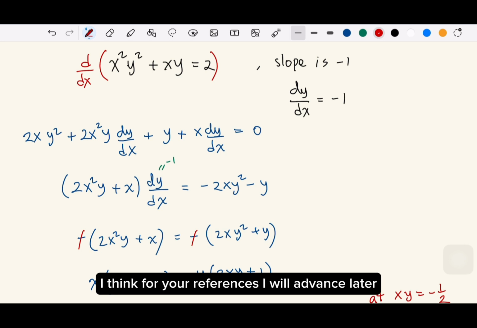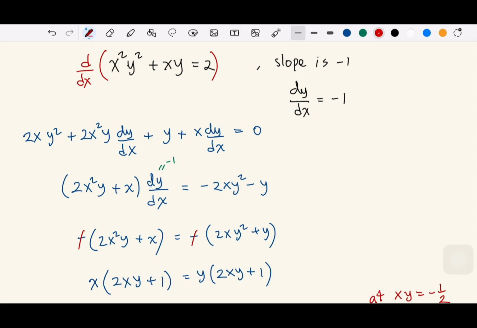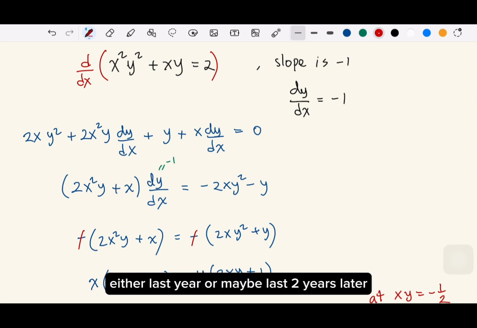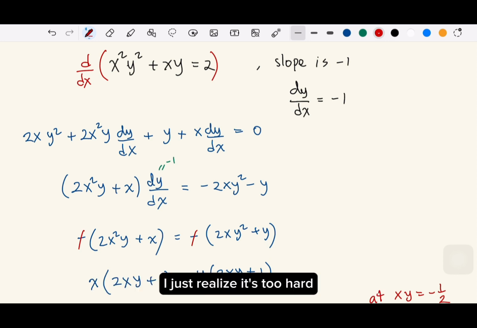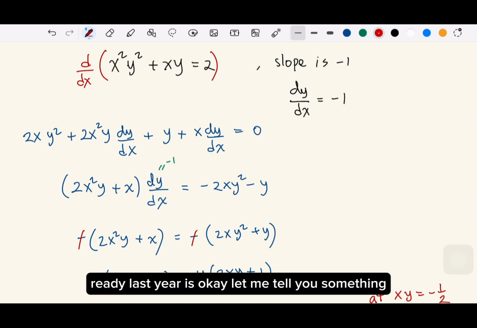For your reference, I will attach later the midterm from last year or maybe the last 2 years. The 2021 or 2020 midterm, I just realized, is too hard, but I think it's good for exercise. But I think last year's midterm is okay.